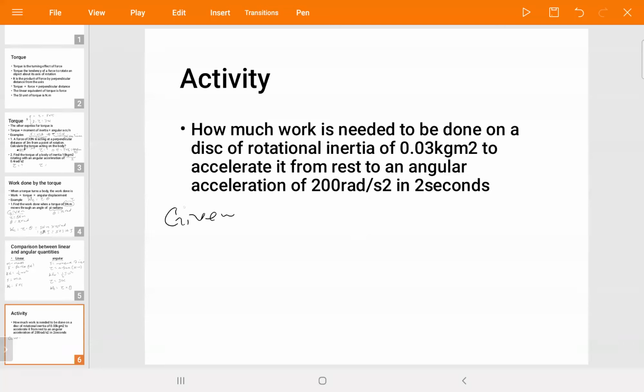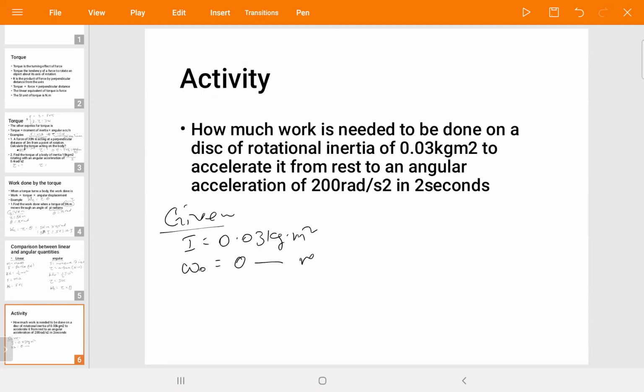Some quantities are provided to you. The first one is the moment of inertia, which is 0.03 kilogram meter squared. The other quantity given is the initial angular velocity, which is 0 because the motion starts from rest.